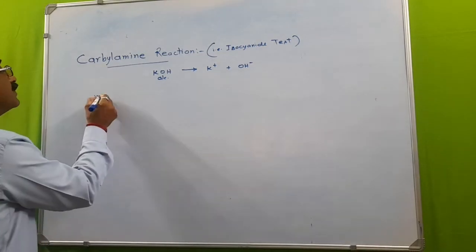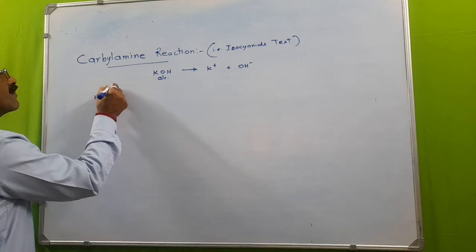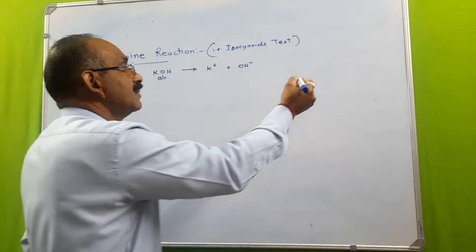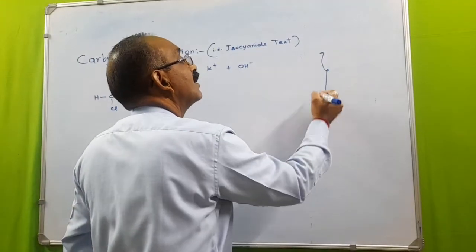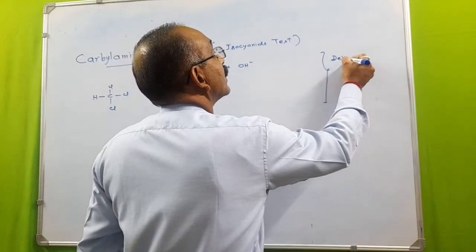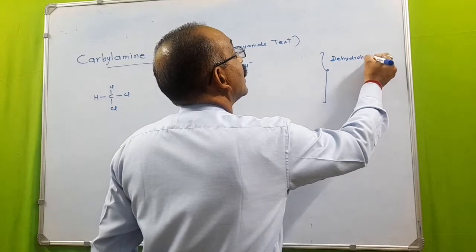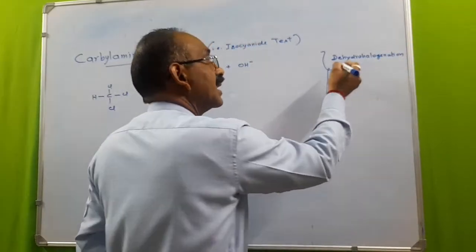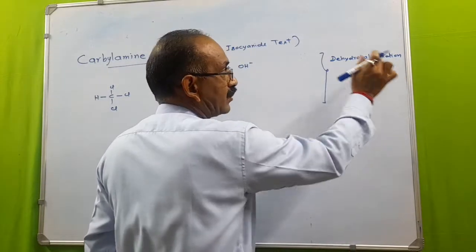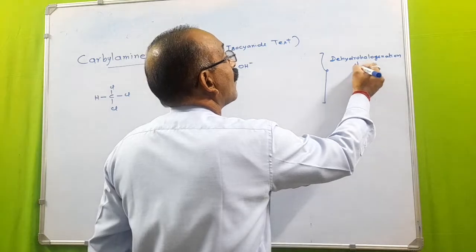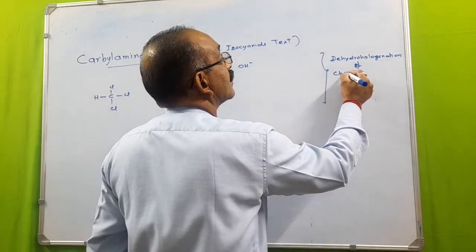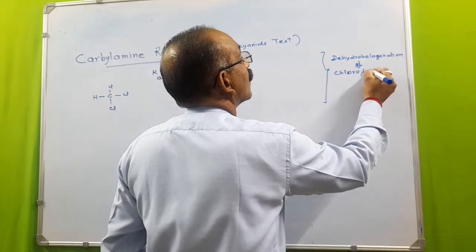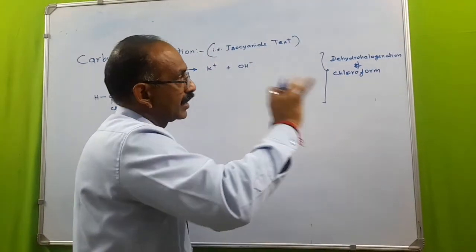See, basically what happens here, first of all, dehydrohalogenation, means removal of hydrogen and halogen, occurs at chloroform molecules.